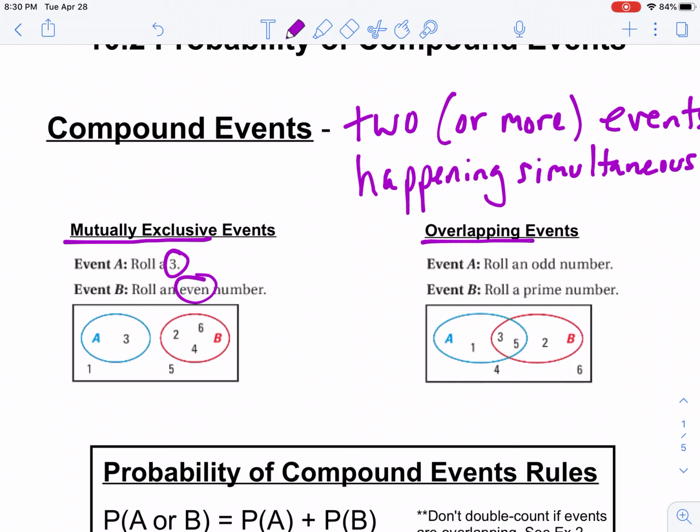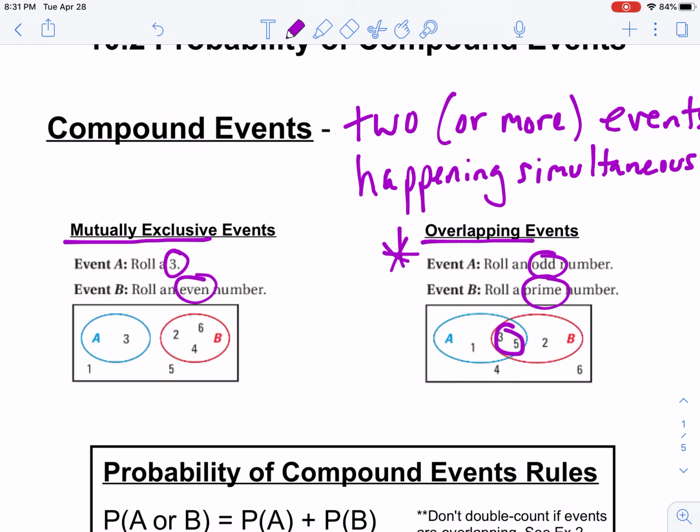However, overlapping events could, hence like the name says, overlap. Like rolling an odd and rolling a prime, because some odds are prime and some primes are odd. So for overlapping events, we have to make a special consideration. Like, see these numbers in the middle of the Venn diagram, the 3 and the 5, because they're both odd and they're both prime.